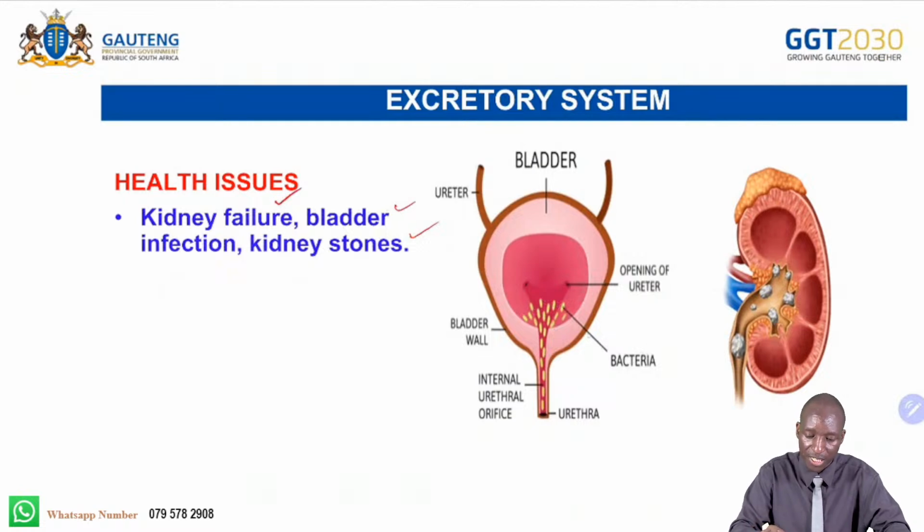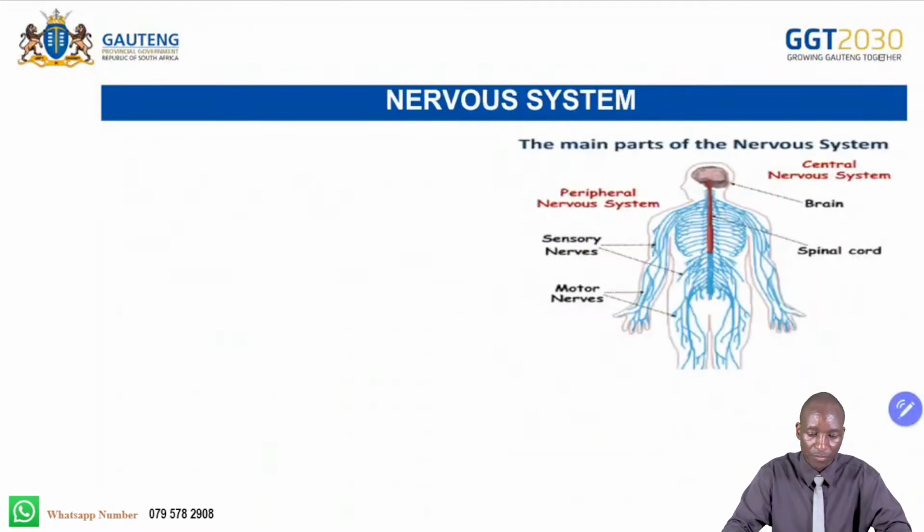Then we've got some bacteria shown there, lining up through the urethra. The internal urethral orifice is shown there, then this is the bladder wall. So when a person has a bladder infection, bacteria will be the cause.